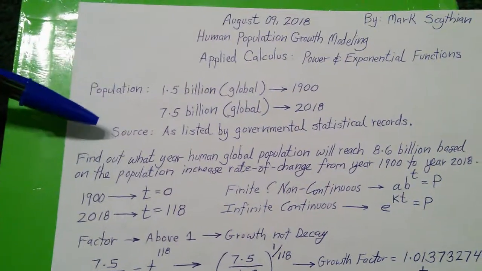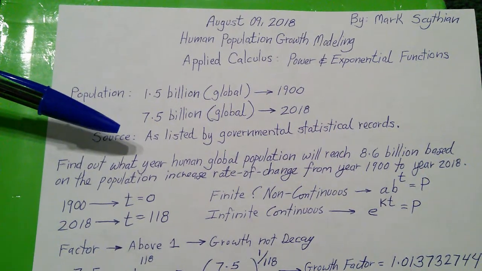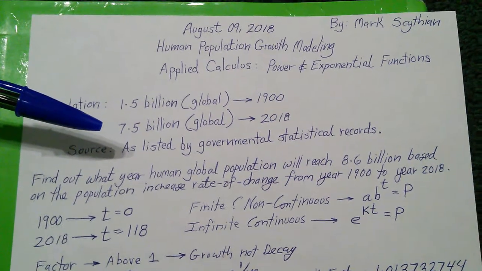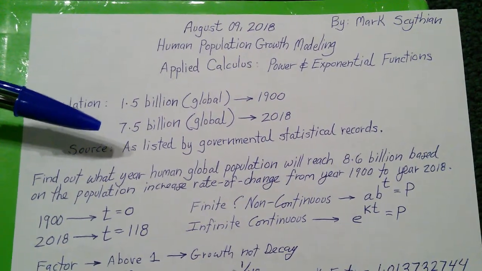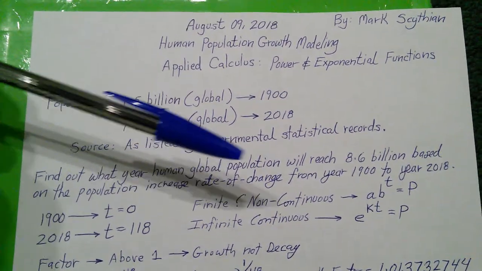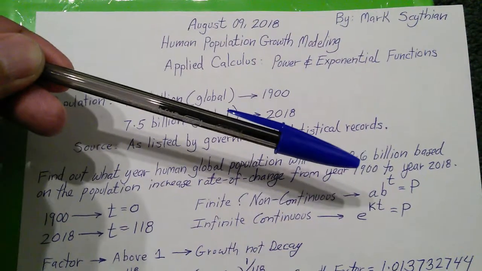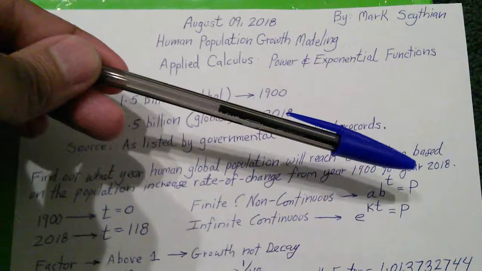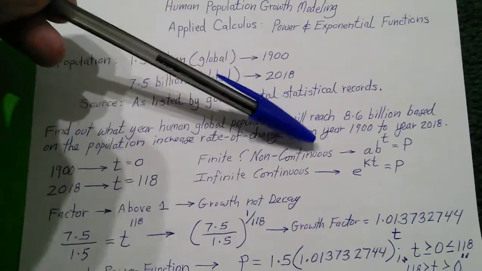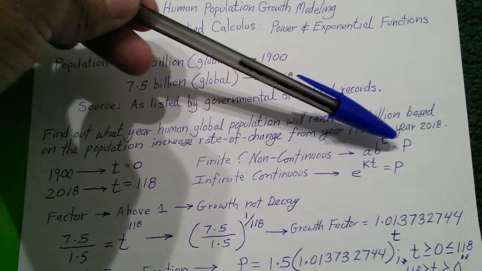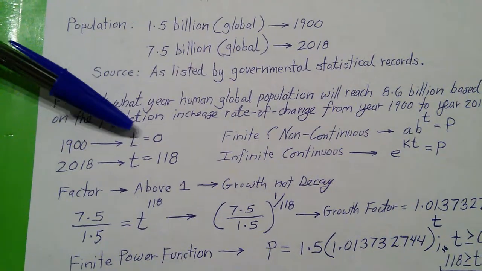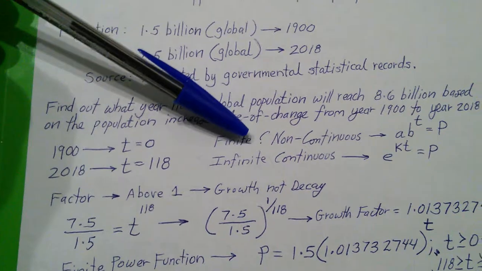So a good question to ask is: find out what year human global population will reach 8.6 billion people based on the population increase rate of change between the years 1900 and 2018. So the first thing we need to do is establish a finite non-continuous power function, a b to the t power. And then we need to establish the time limitations for a finite power function.